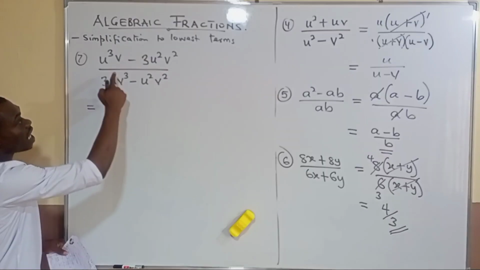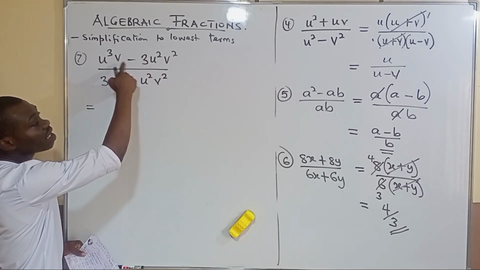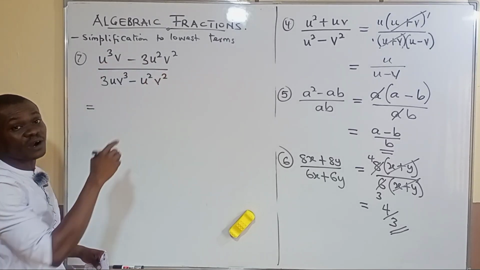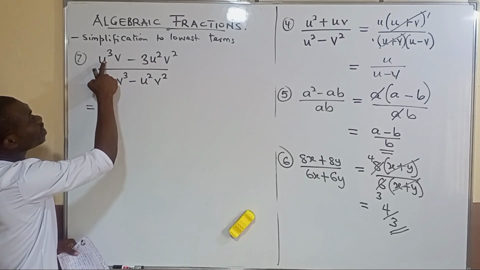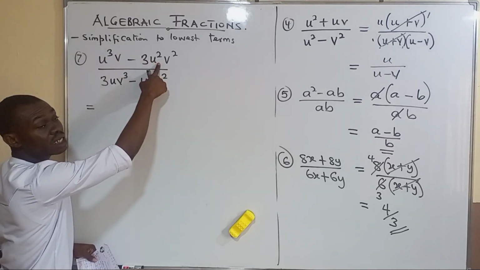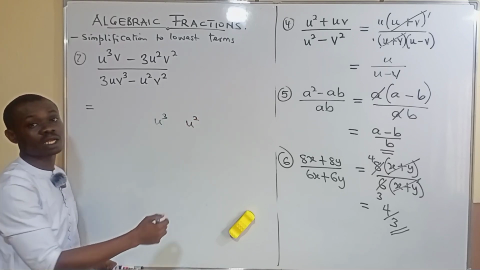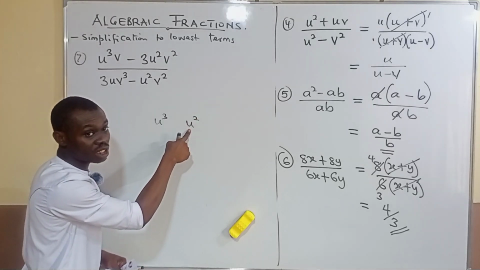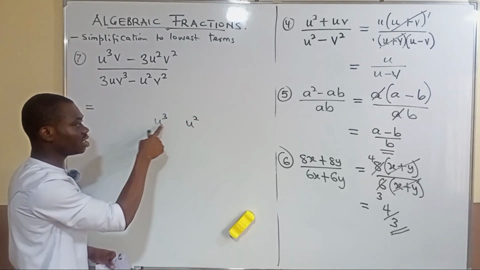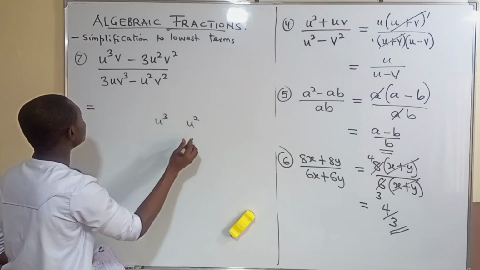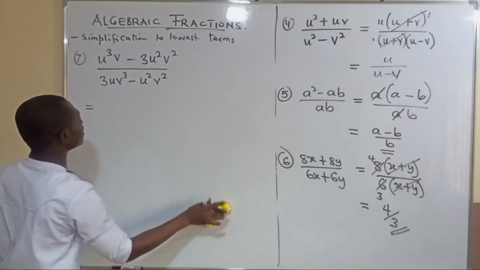So here now, I'm going to look for common factors. Here I'm seeing u cubed, here u squared. And so what is a common factor between u cubed and u squared? That is u squared, the smaller one, because u squared can divide this and also divide this. So I'm going to bring out u squared.